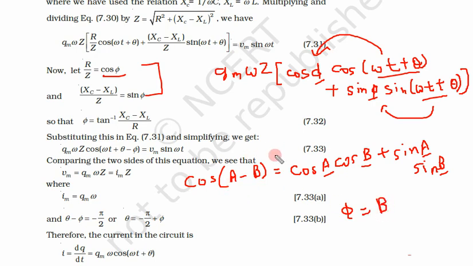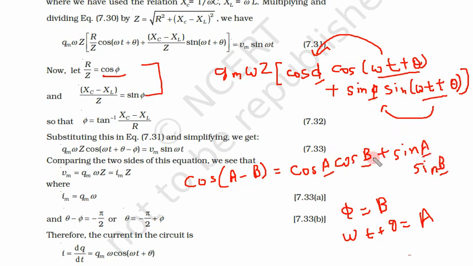Phi can be b and omega t plus theta can be a, because it does not matter if we change a or b.